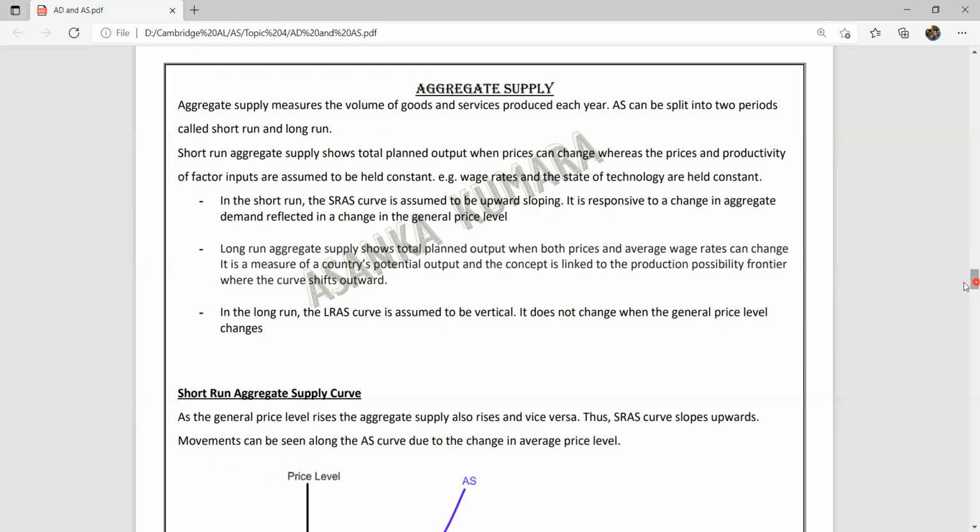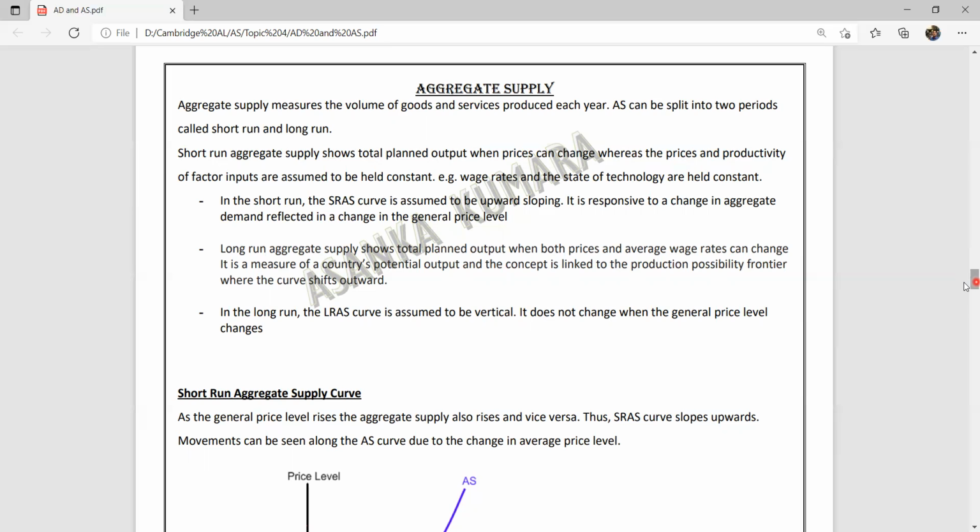But aggregate supply comes in two types: short run and long run. Short run and long run are particular periods that we should realize.